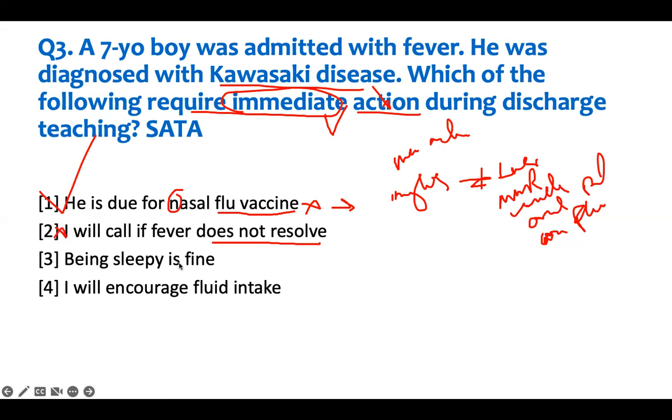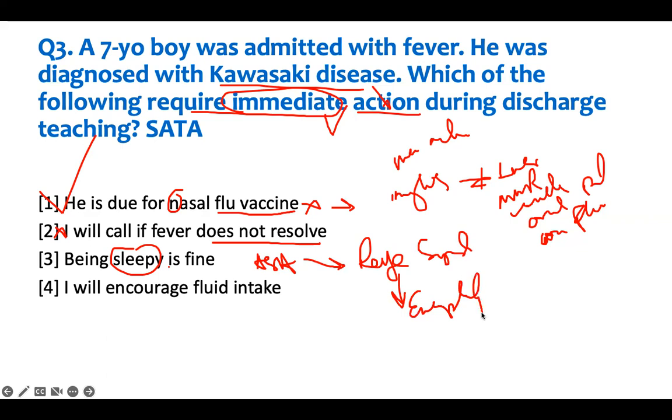Being sleepy is fine. No, this is not fine. Remember, the kid gets aspirin, okay? What is the risk factor for aspirin in the kid? It's Reye syndrome. And how does it present? Encephalopathy, okay? Severe liver injury, and the kid will become encephalopathic. If he's sleepy, it's not fine. I've got to make sure he's not getting Reye syndrome. So you tell the mommy to be watching out.